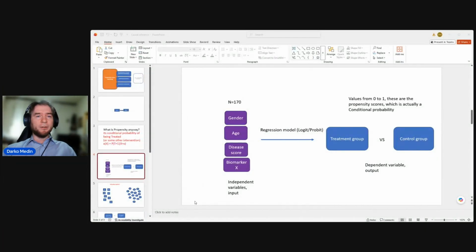And the first question that comes into focus is, what do we achieve with propensity score matching? So this is actually one of the interesting topics, and I will present it using an interesting example from here.